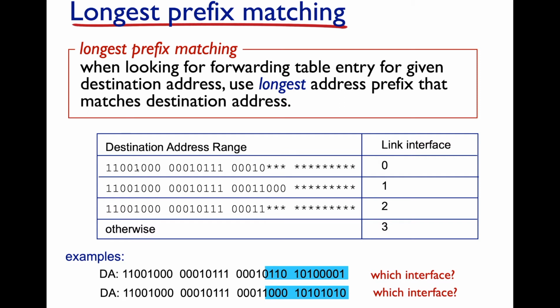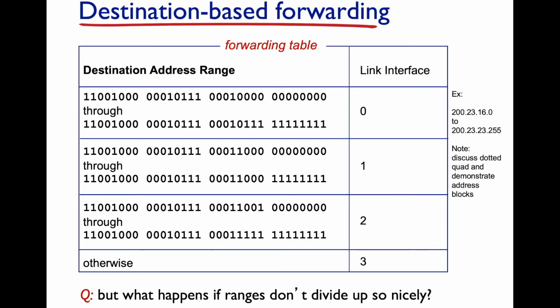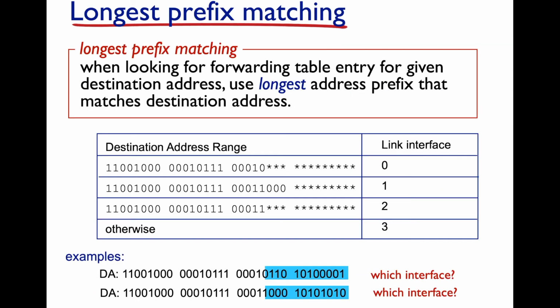Here we have this pattern, 200, 23, and another part of the 23, but the 23 isn't really filled in. These last 3 digits, the least significant bits of the third dotted quad, are all wildcards.